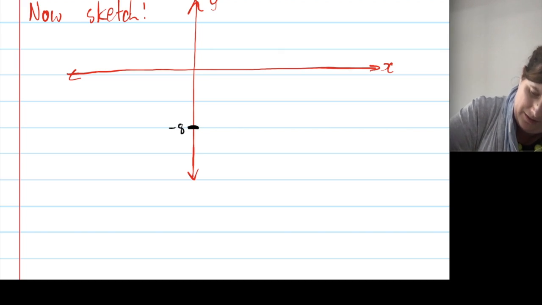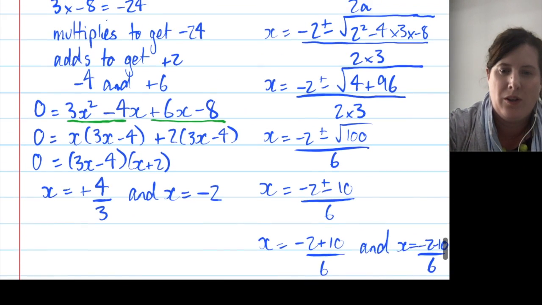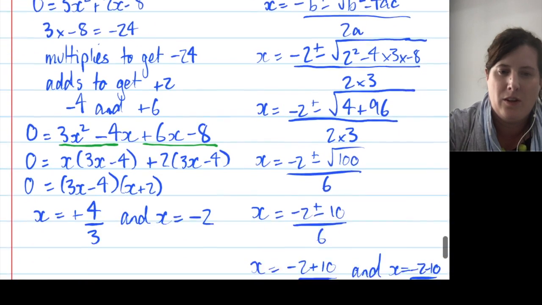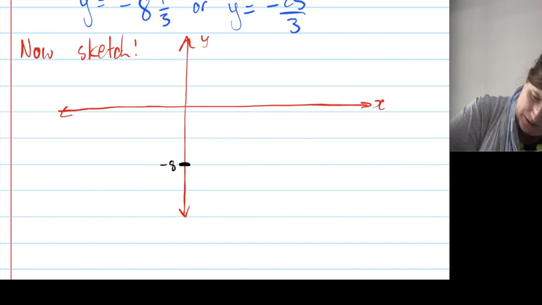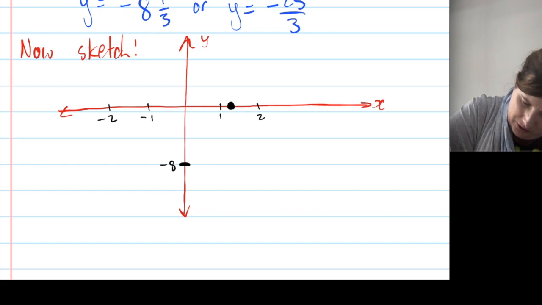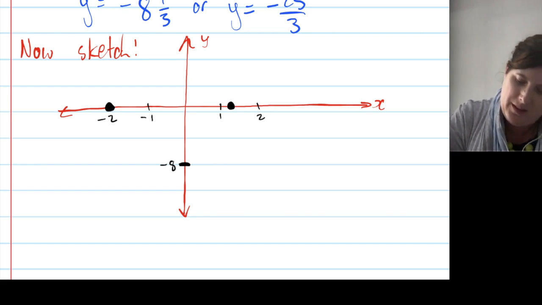The next points we knew were the x-intercepts, so positive 4/3 and negative 2. So if this is 1, this is 2, minus 1, minus 2. Positive 4/3 is like here, and negative 2 is definitely here.